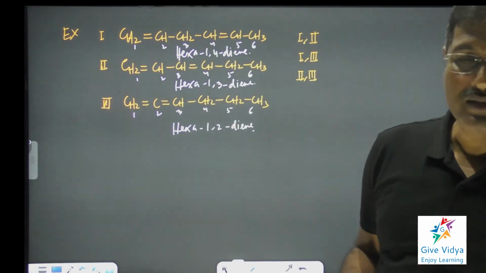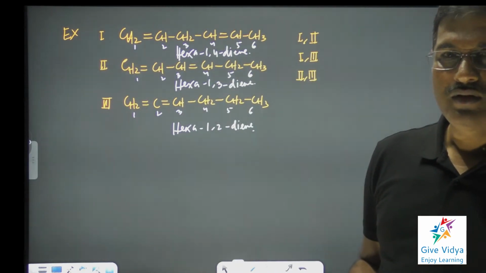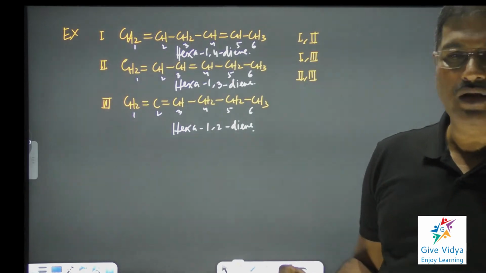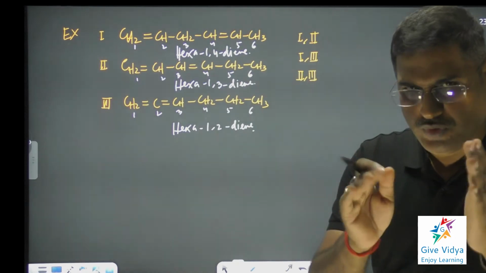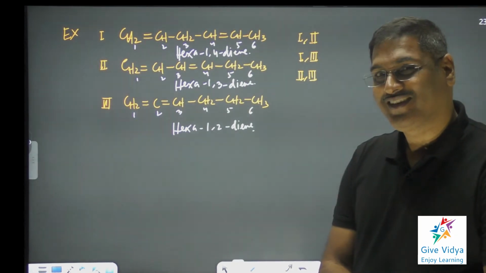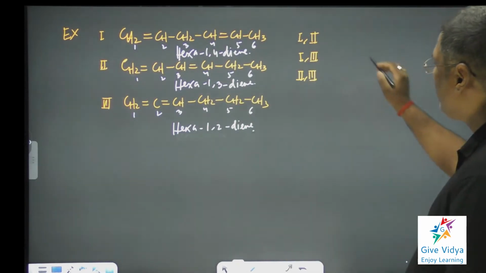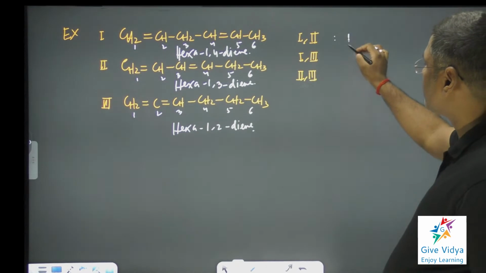Oh, so nice. It sounds very nice. Very apparent, very clear that 1,4, 1,3, 1,2 are position isomers. Is it true or not? 1 and 2, no doubt, position isomers.